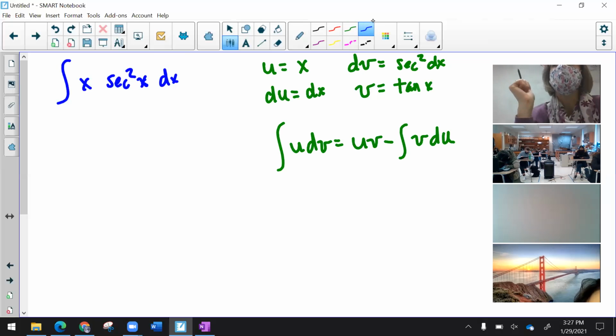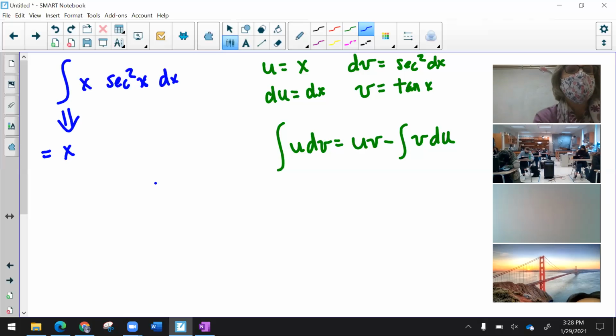You've probably written it down 5 times today, if not 6, and that is well into putting it into your memory. Okay, so our integral becomes u times v, so that's x tan x minus the integral of v du, tan x dx.